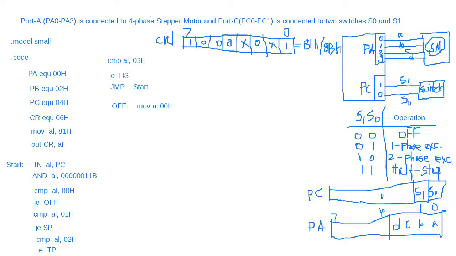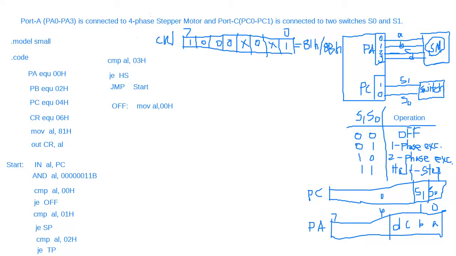We said last class that it must be symmetrical. The higher 4 bits must be the same as the lower 4 bits, otherwise we will not get the right operation.